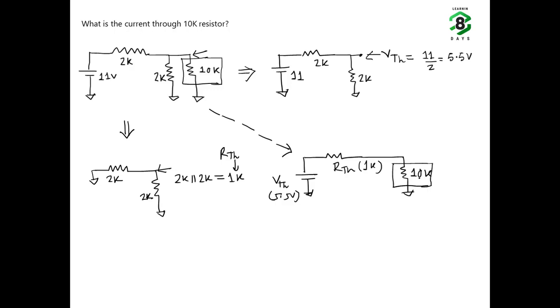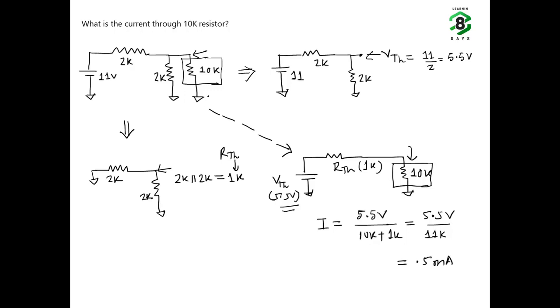Now if we try to find out the current equation, it is pretty straightforward. So what will be the current? The current I will be V Thevenin by 10K plus 1K. So essentially 5.5 volt by 11K, which is 0.5 milliampere.